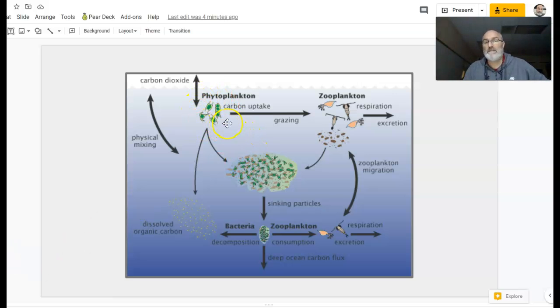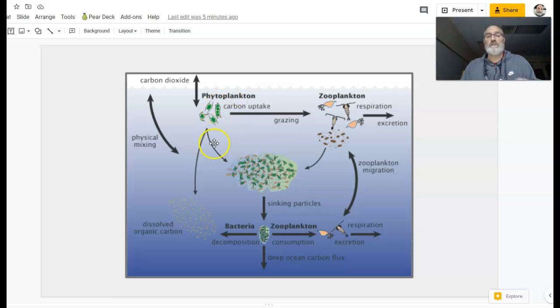So phytoplankton, just like plants on the terrestrial part of Earth, are absorbing carbon dioxide from their atmosphere. So you can see that here in the graphic. They have to absorb carbon dioxide in order to perform photosynthesis, just like a plant on the terrestrial portion of Earth has to absorb carbon dioxide in order to do photosynthesis.